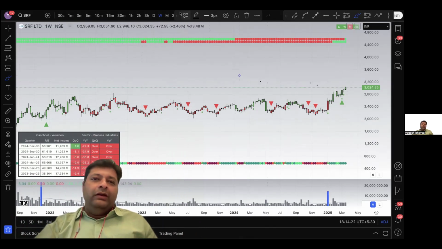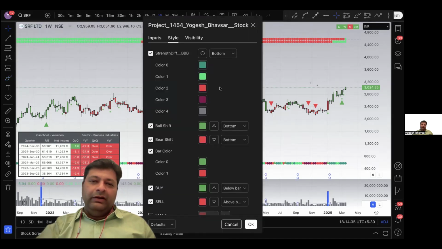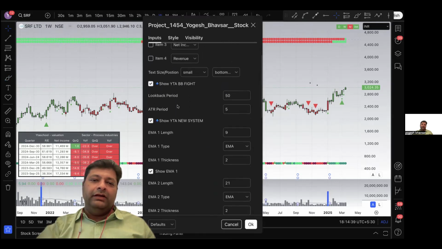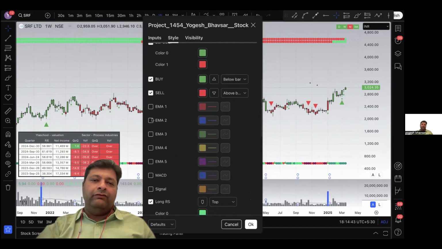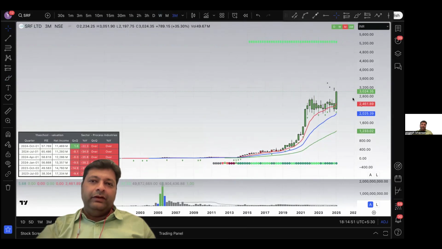Now we can go and learn about our EMA crossovers trade. So what we will do is double click this, and I will activate my three EMAs, that is EMA 9, 21, and 55. Now what I'm trying to do over here is again the same thing.